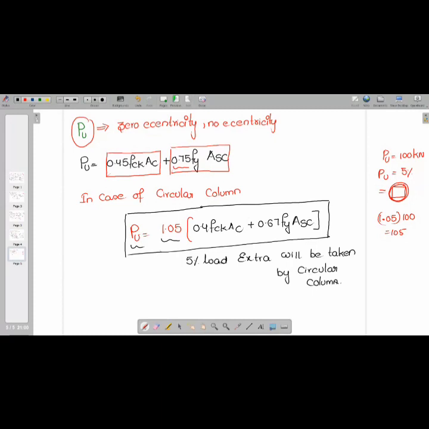Now see students, here there is a condition for this circular column.